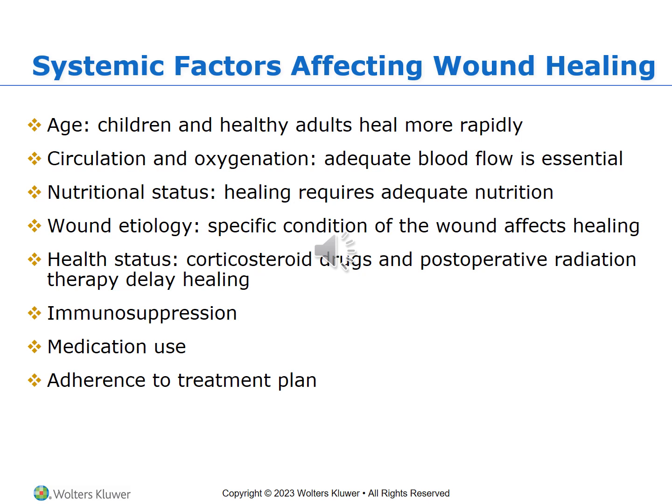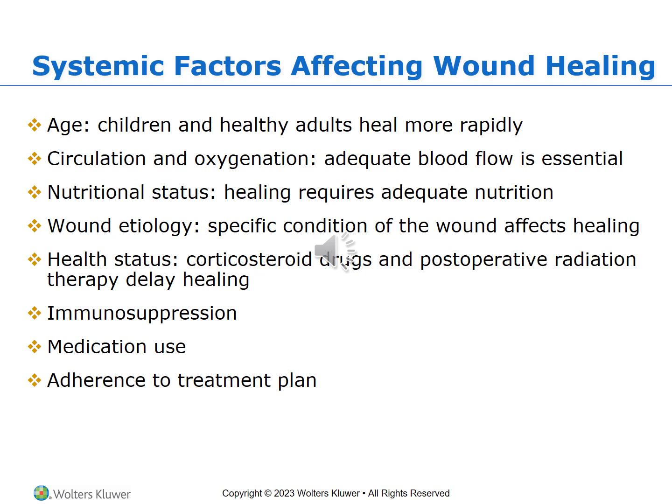Systemic factors affecting wound healing begin on page 1158 and go into page 1159. So, age: children and healthy adults heal more rapidly. Circulation, oxygenation, I want to call special attention to that.